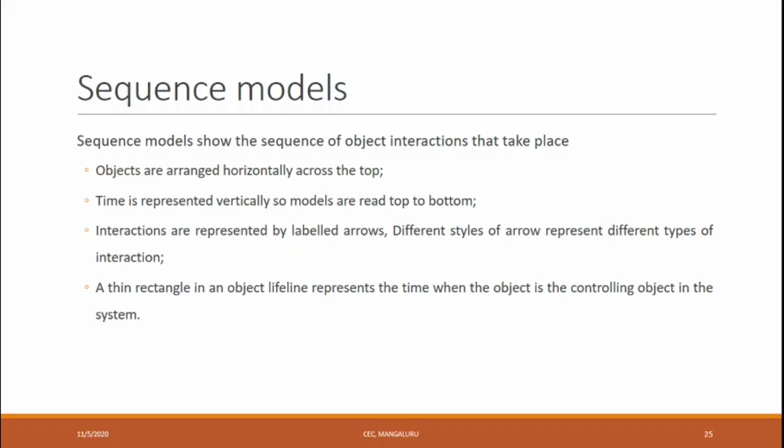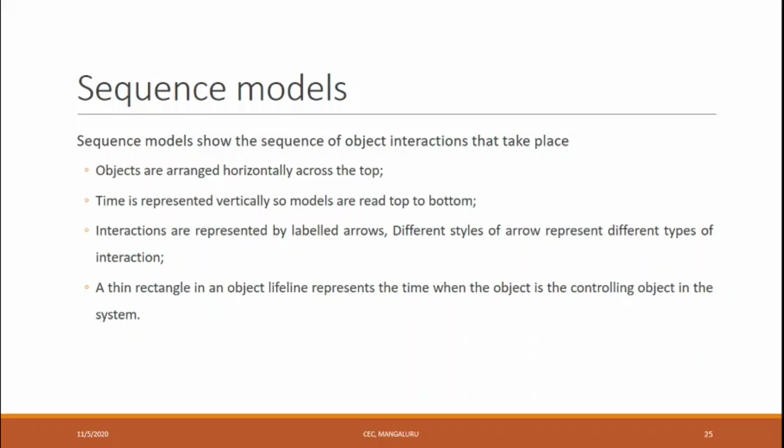Interactions are represented by labeled arrows. Different styles of arrows represent different types of interaction. A thin rectangle in an object is called a lifeline, and it represents the time when the object is in control in the system.